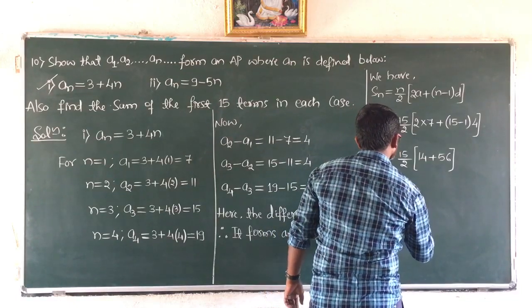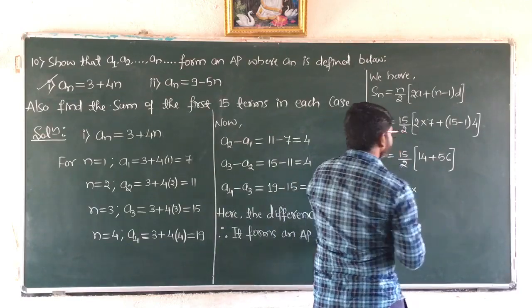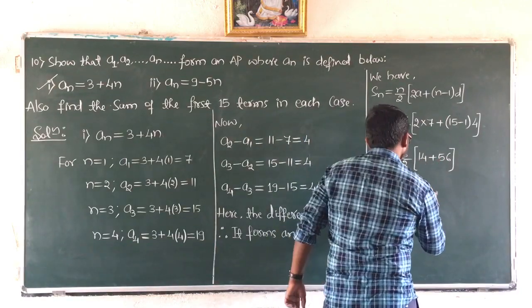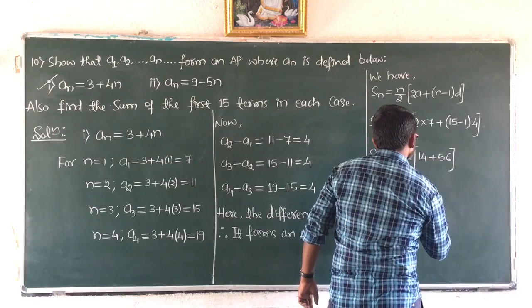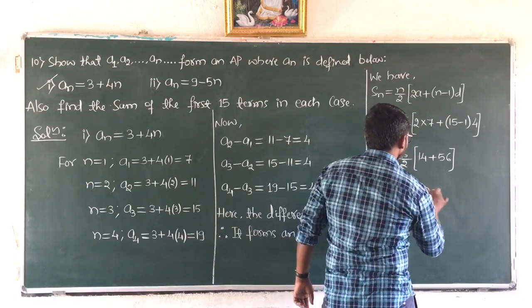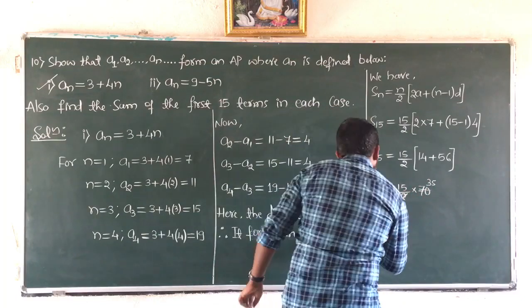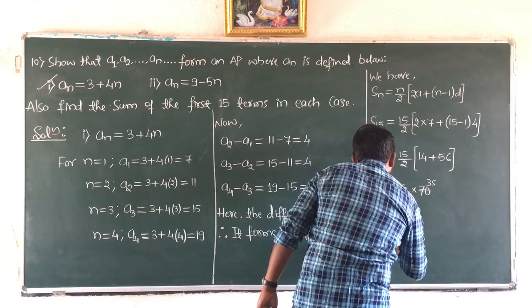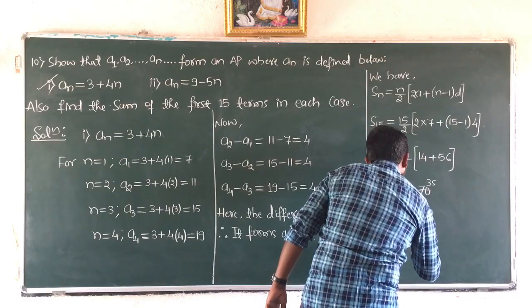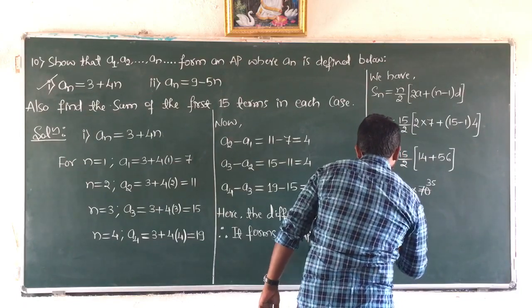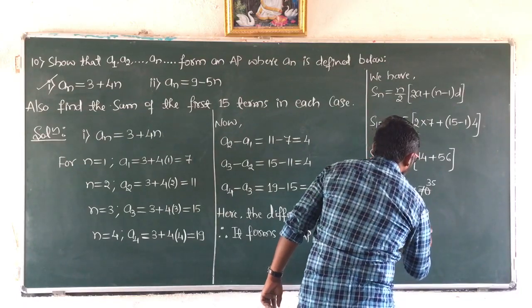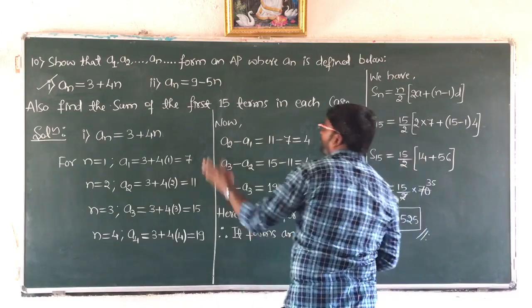Now add these two, we get 70. So 2 ones are 2, 35s are. So now 15 into 35 will give us 525. This is the sum of first 15 terms of the Roman number 1.